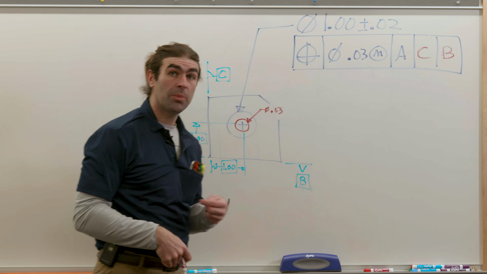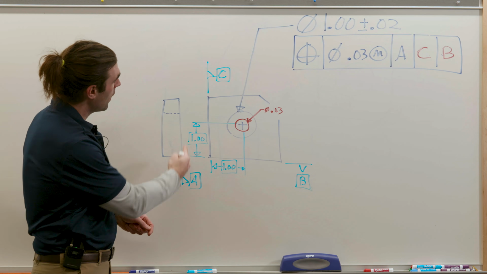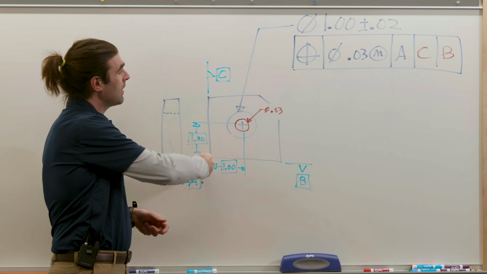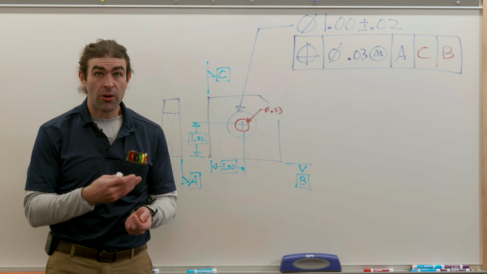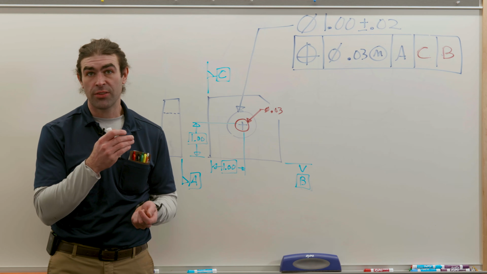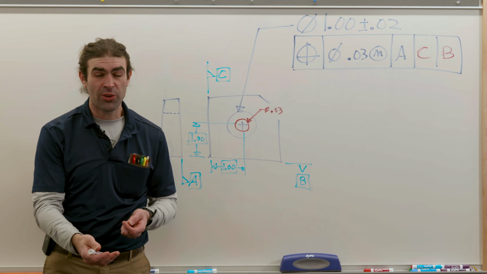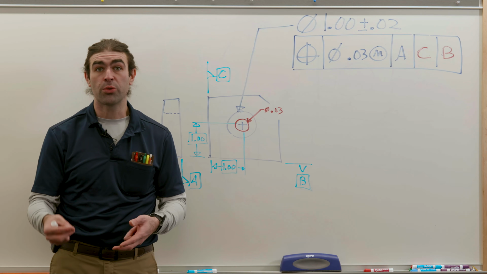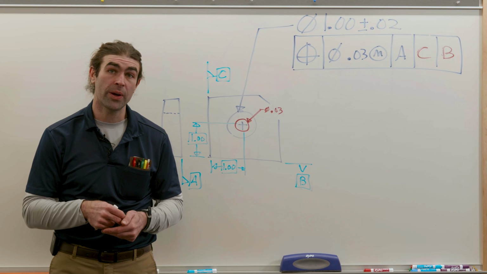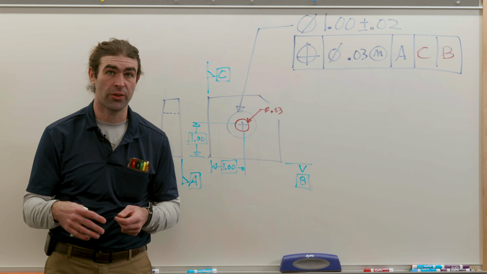It could just as easily be A, C, B. In this case, we'd set up to A, C, and then B, okay? So they are in order, and it does matter. It's known as primary, secondary, and tertiary. Some people know this as the 3-2-1 rule. So 3 points for the primary, 2 points for the secondary, 1 point for the tertiary.